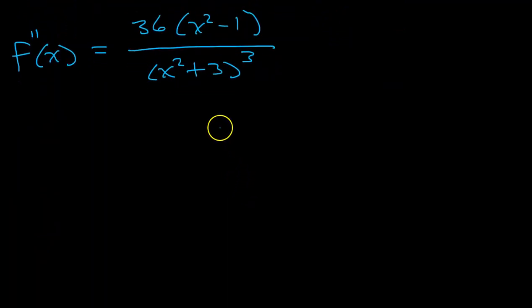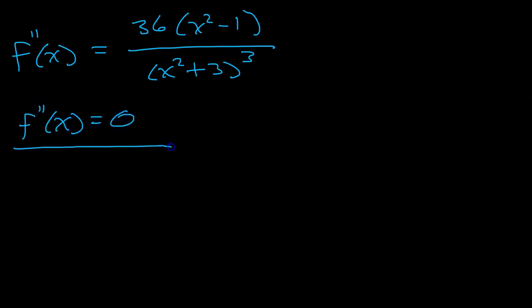But let's not forget the point. We need to find the critical numbers for the second derivative so that we can use the second derivative test on a number line. So critical numbers, we need to know where the second derivative is equal to 0, because that will be one source of critical numbers. And we also need to know where the second derivative is undefined.